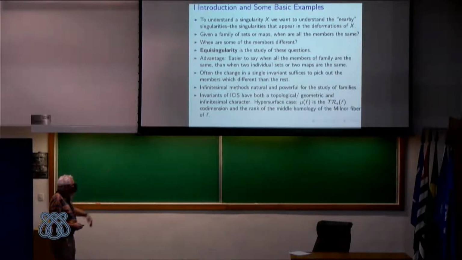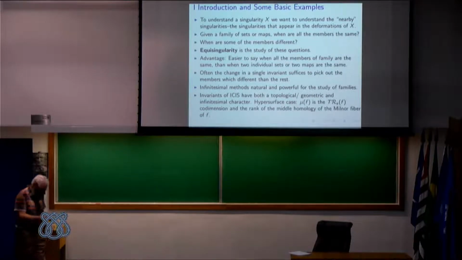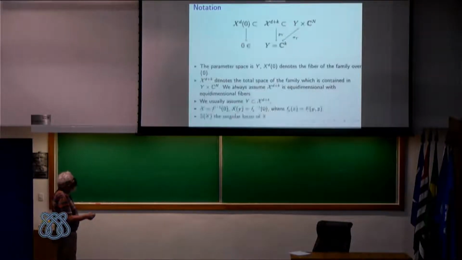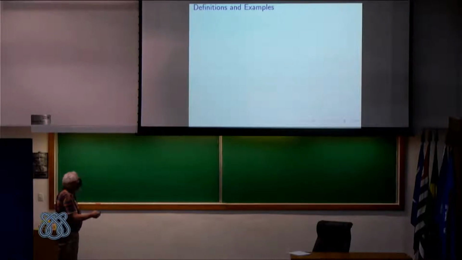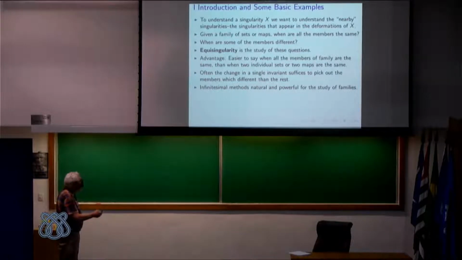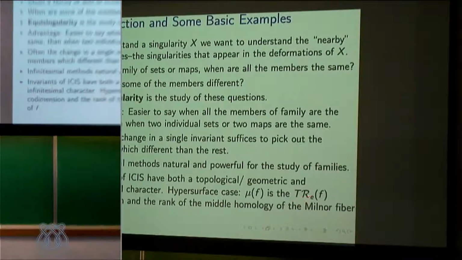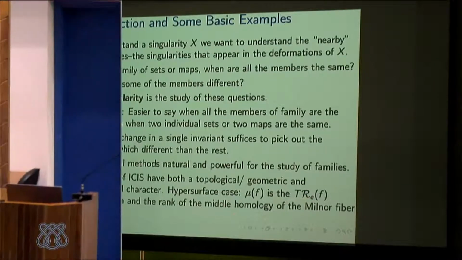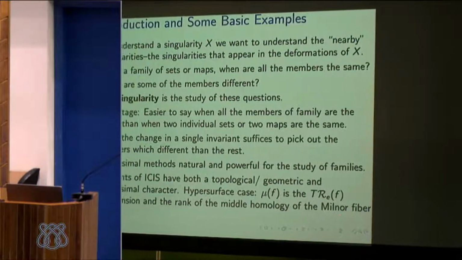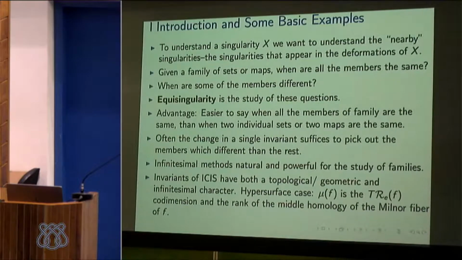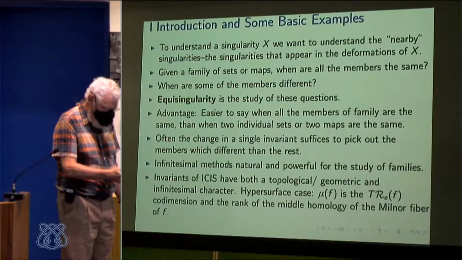A case in point is the Milnor number. The Milnor number is both an infinitesimal invariant, that is the extended R_e group tangent space codimension, and it's the rank of the middle homology of the Milnor fiber, and that's the geometric interpretation. That is the kind of thing we're going to be looking for.